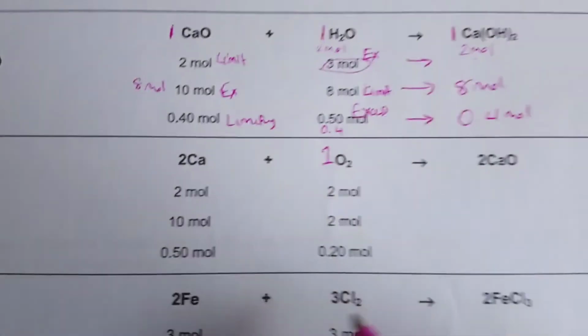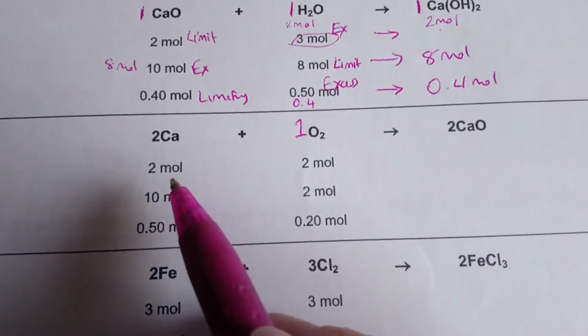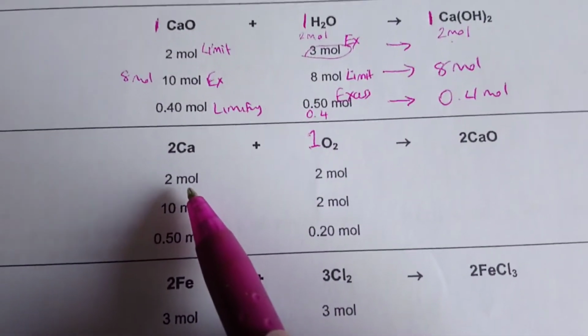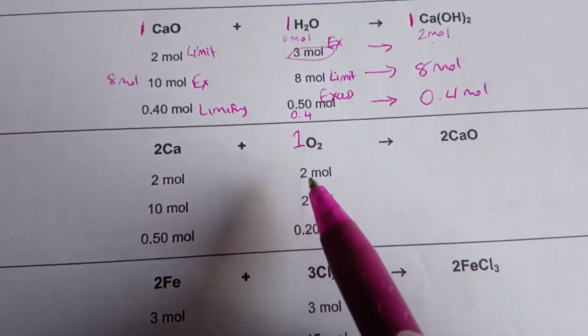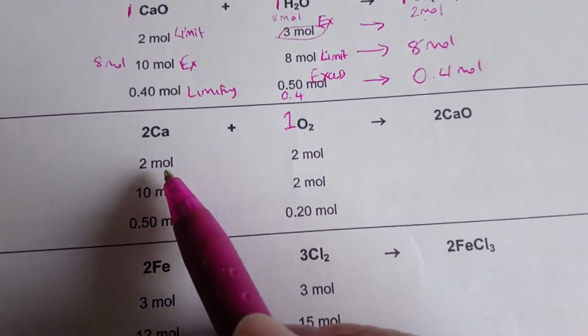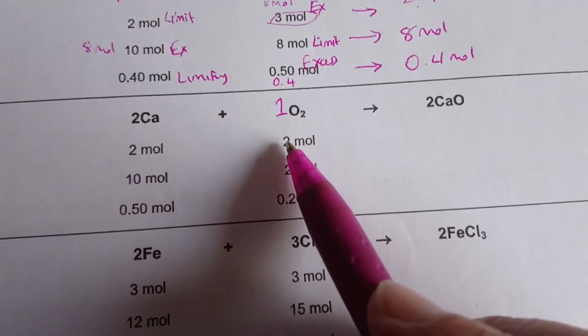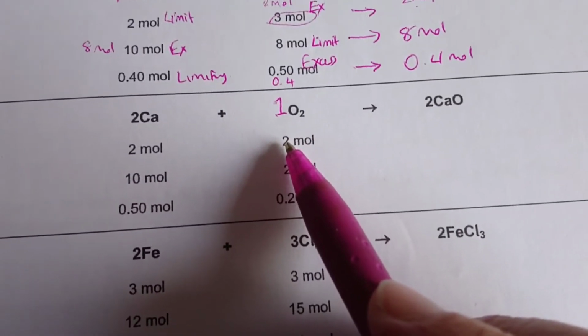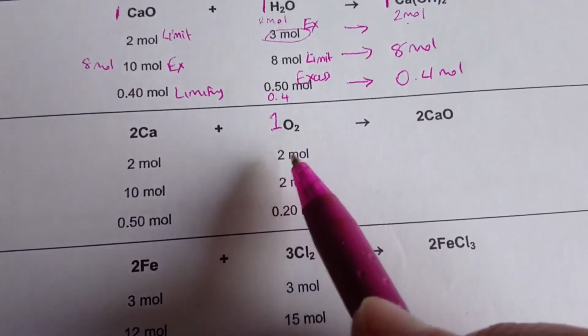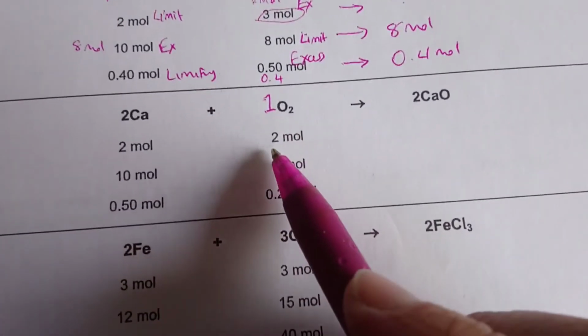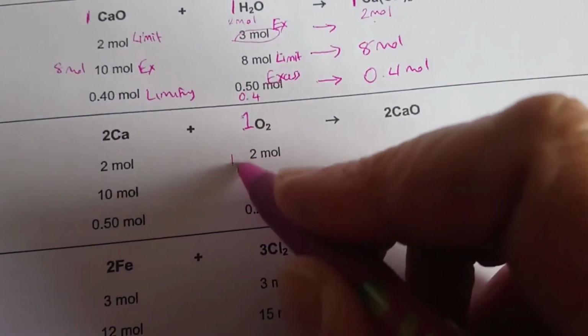So which one is the reactant in excess? 2 moles here, 2 moles here, whereas actually I only need to have 2 moles reacting with 1 mole. So this is the one that's in excess. So I only need 1 mole here.